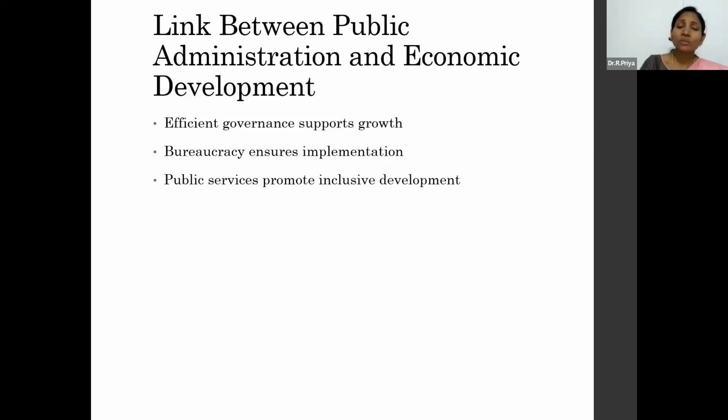These are the best examples of effective service delivery to the public. Public administration connects policy with people. It ensures that development is inclusive, fast and sustainable, making it a key pillar of the nation's economic success.